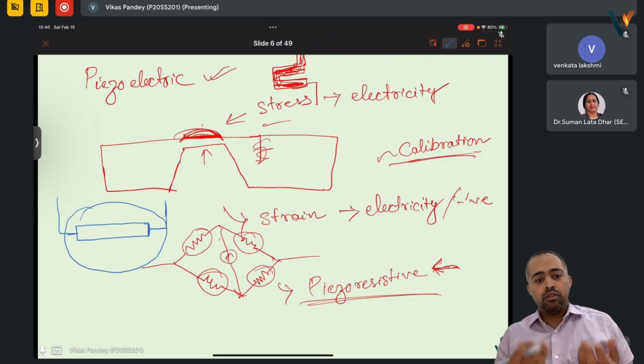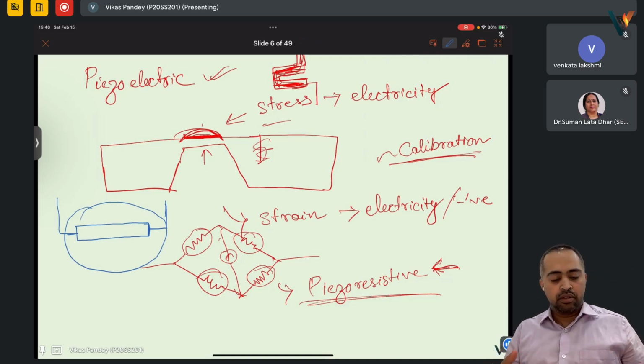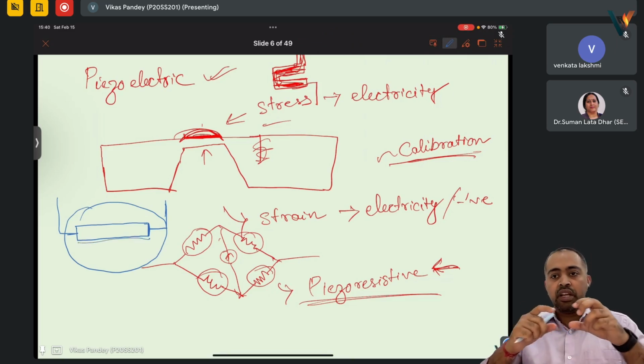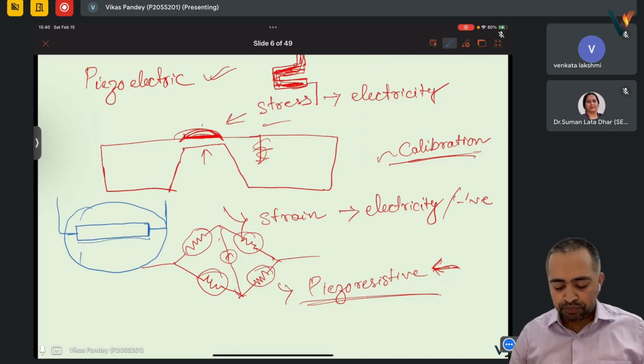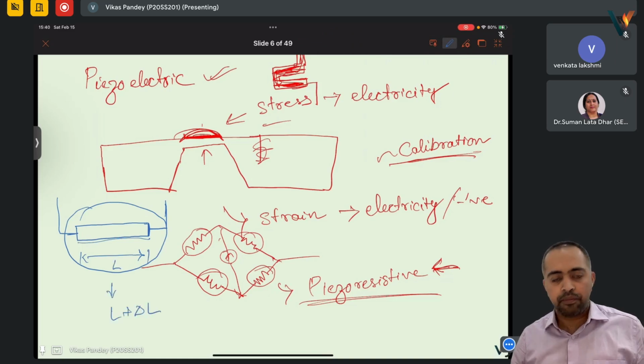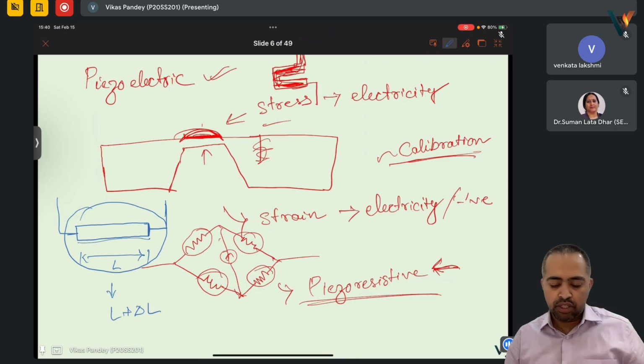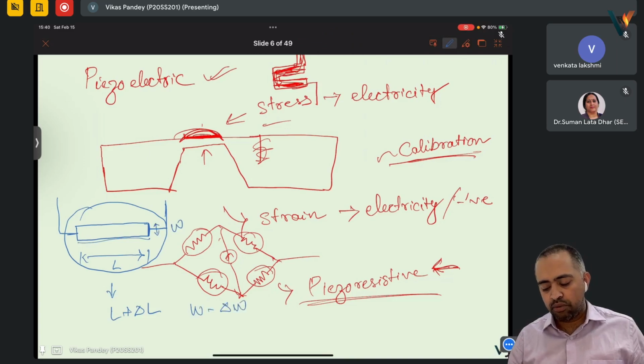So when there is high pressure from below, this membrane will bulge out, and as such, this structure will get stretched a bit. So this L will increase to L plus delta L, and there will be a change in the width also. Say W will become W minus delta W.